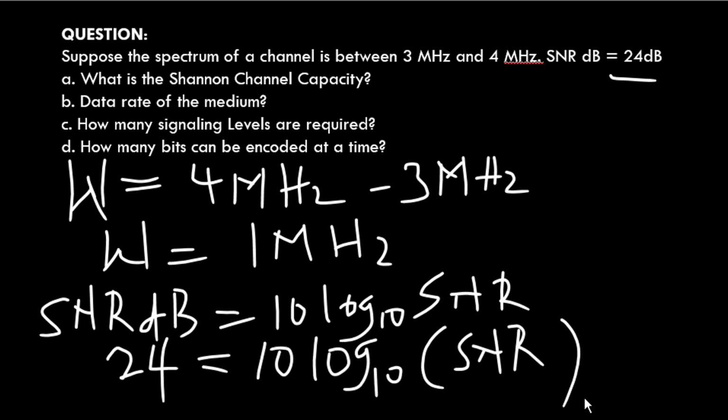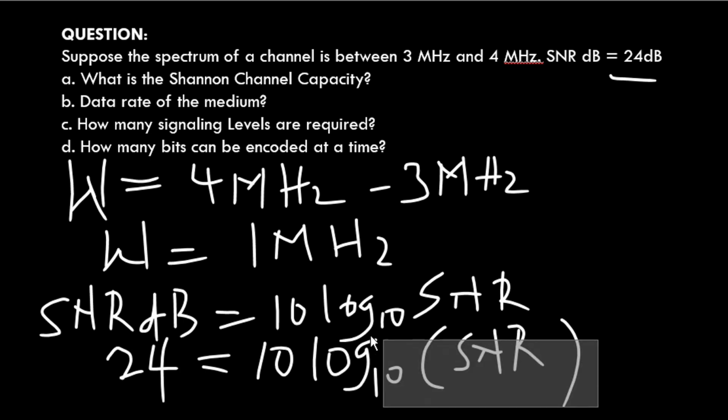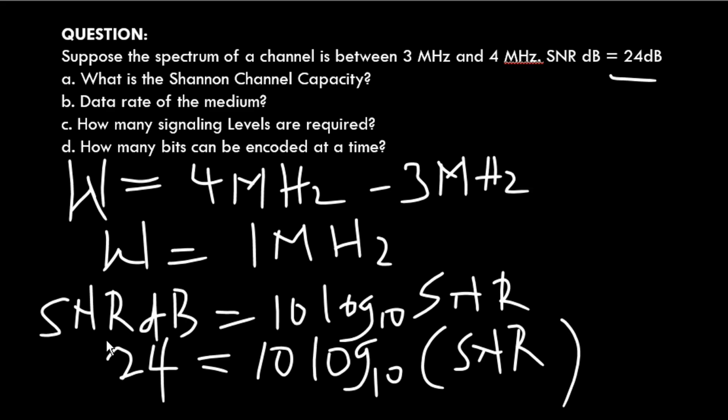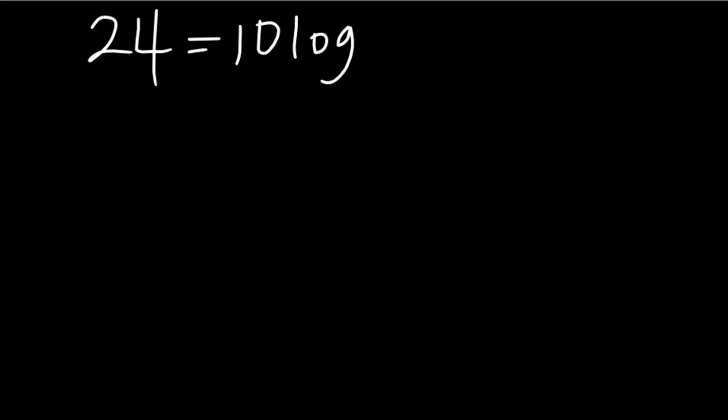But first off, let's move to the next page so we can complete it. Okay, so let's just rewrite them. 24, which is the SNRdB, is equal to 10 log 10 SNR.